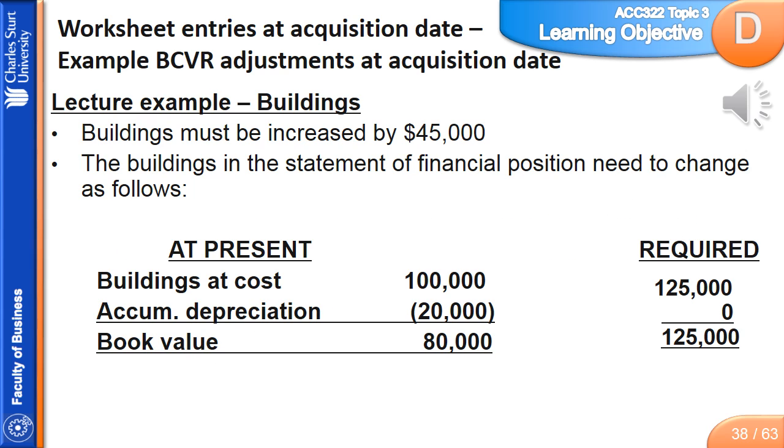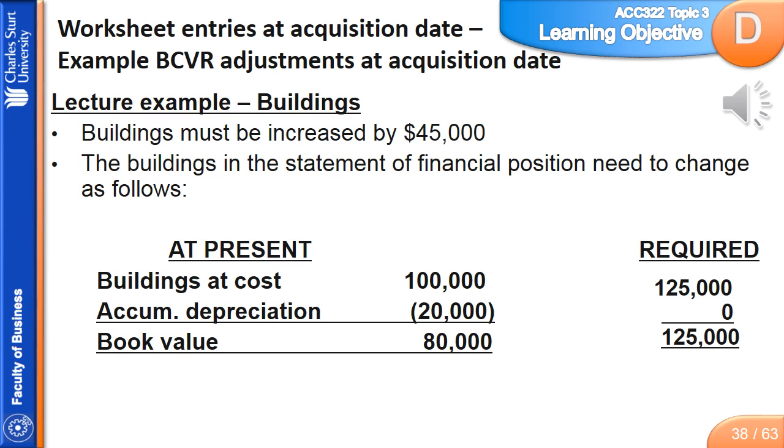So now looking at buildings, which were undervalued by $45,000, we need to increase the value of the building so within the consolidated accounts it shows this $45,000 increase in value. It's a slightly different process to what we applied in the previous slide because buildings are a depreciable asset.